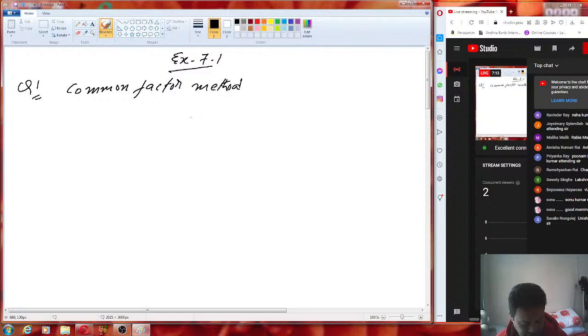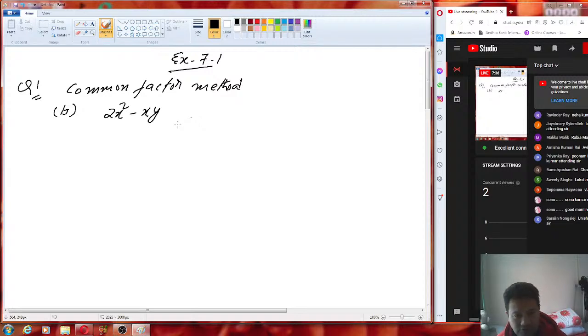So let me take some samples from here. Let me go with number B. You got here the question as 2x square minus xy. I hope you can see it on the left side. So how do we factorize this one?